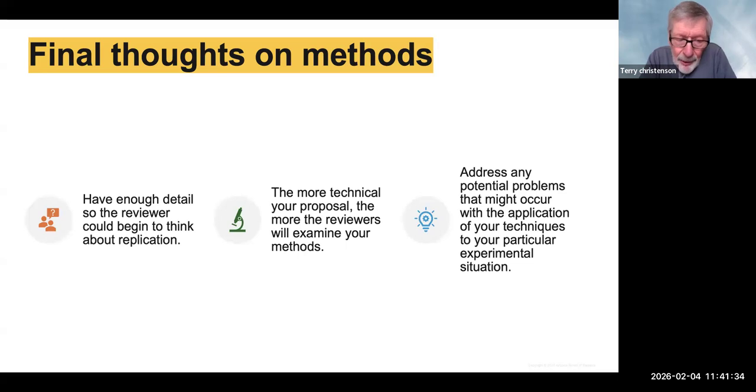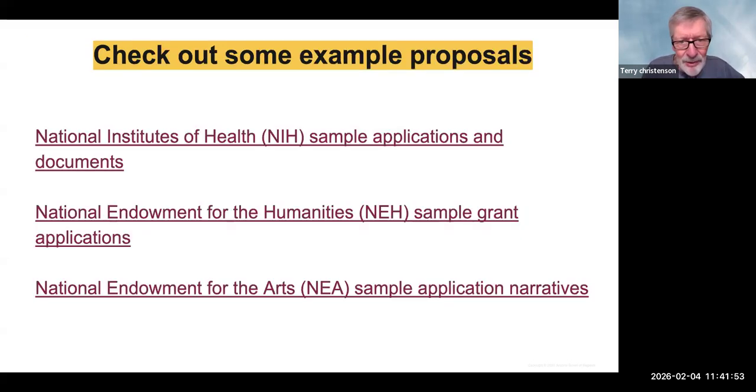So be prepared, okay? Be prepared to really be able to justify those methods in your particular experimental context. I've just seen a lot of panel comments about this, and so anyway, that's a few final thoughts on your methods. Next slide, please.